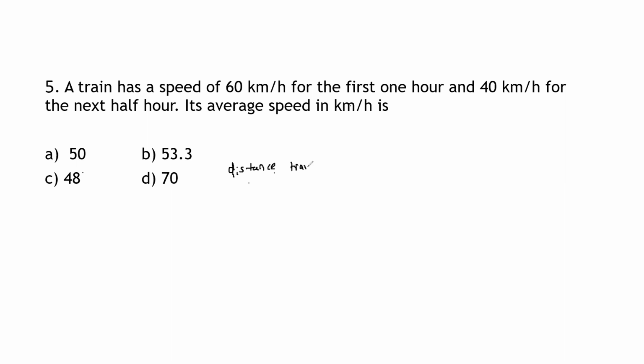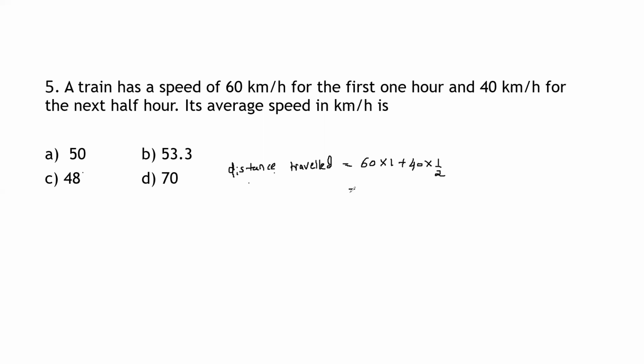That is, distance traveled is equal to 60 into 1 plus 40 into 1 by 2. 60 is the speed in the time interval of 1 hour. Then next, 40 is the speed in the time interval of half hour.